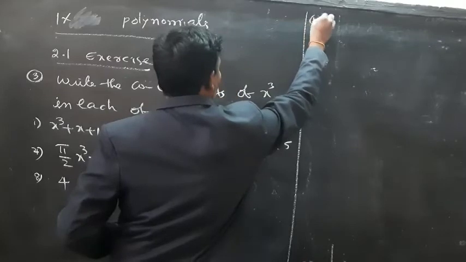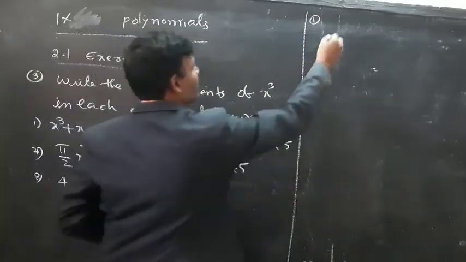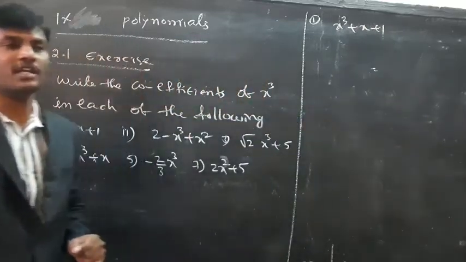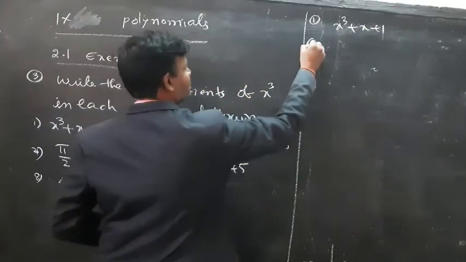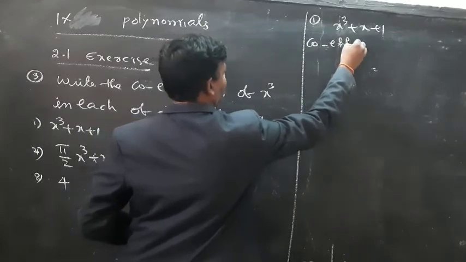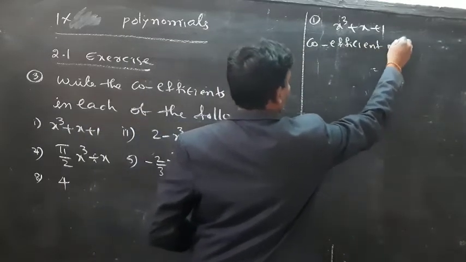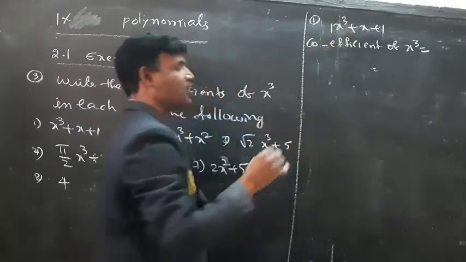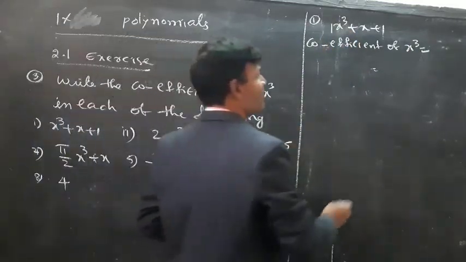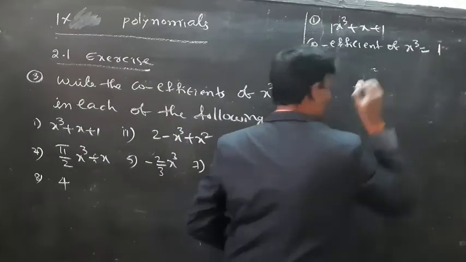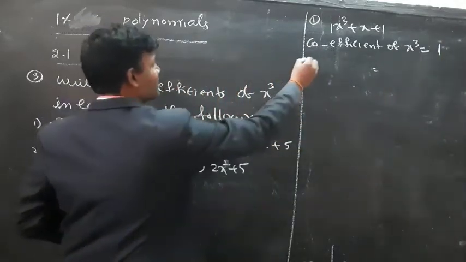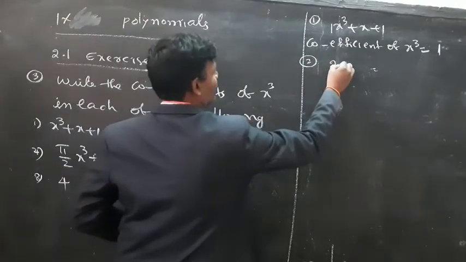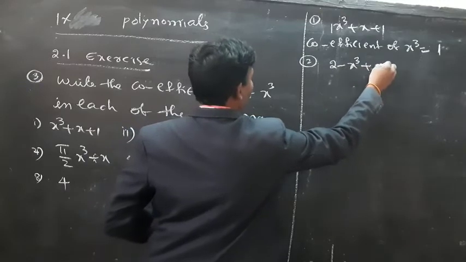What about the first question? x cube plus x plus 1. I need the coefficient of x cube. Beside x cube we can write 1. So in this polynomial, the coefficient of x cube is 1. Similarly, what about the second question? 2 minus x cube plus x square.